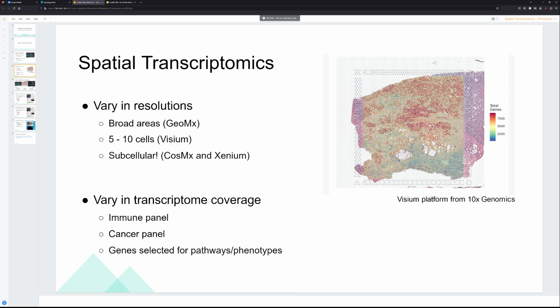But when we get to something like CosMx, we're looking at something closer to 1,000 genes, or 960, 980 if you look at the negative probes that they're including for quality control. So we get these different platforms as well as different amounts of transcriptome coverage with each of those, and you can get targeted panels for each of those.